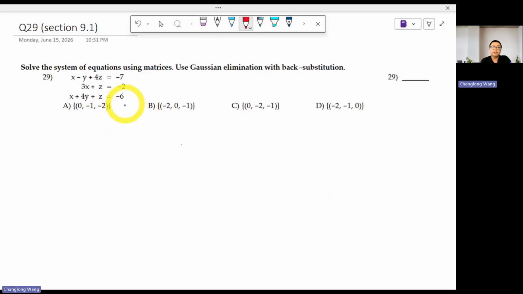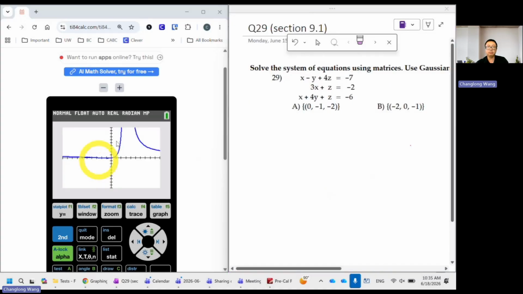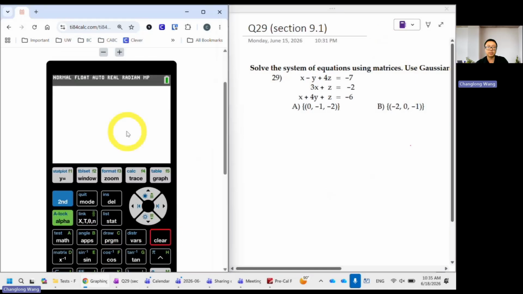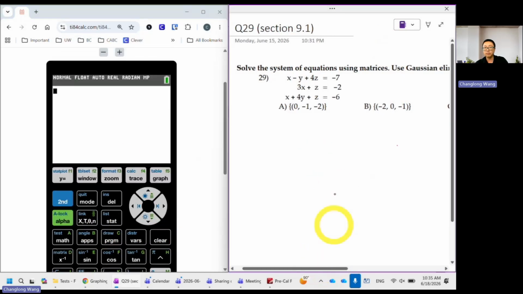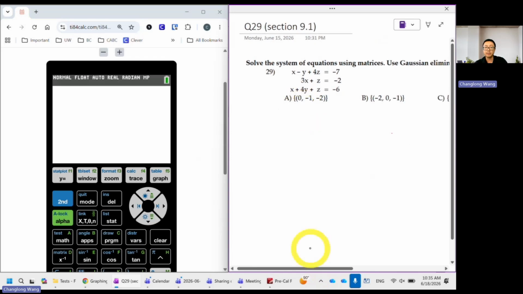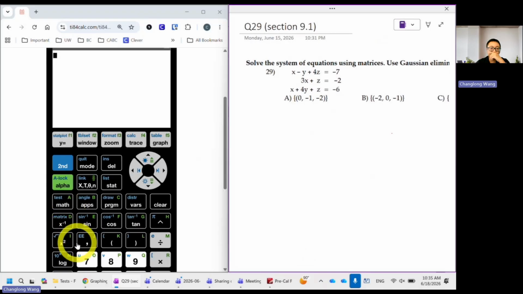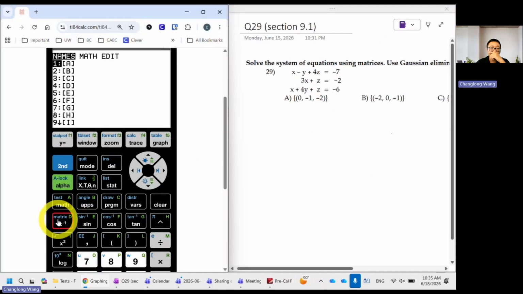So the best way to do it is to type up the matrix in the TI-84. Since we haven't done it for a while, let me do that to have it recorded. Then, if you want, you can follow the procedure and try it thoroughly when you get a chance. All right, so I'm going to go to the matrix menu. Oh, it's been a while. Okay, here, second matrix.